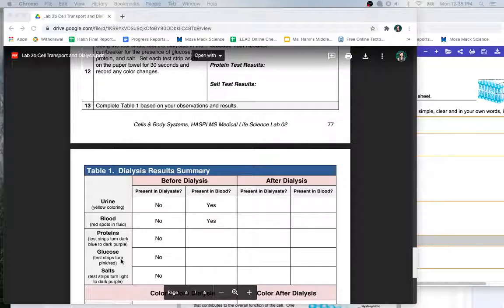If there's proteins, then the test strip will turn a dark blue to dark purple. And if there's salts, then it will turn dark purple. Okay, so let's go ahead and check that.